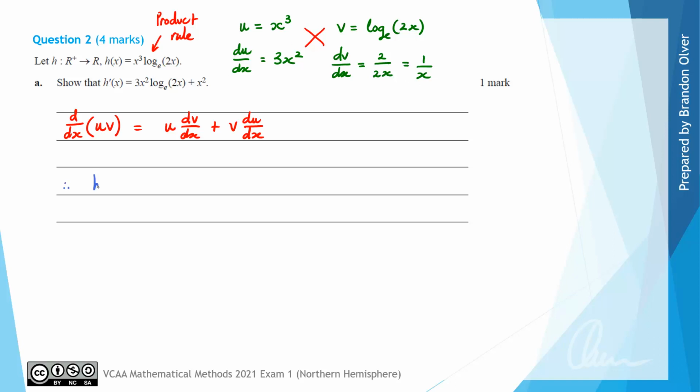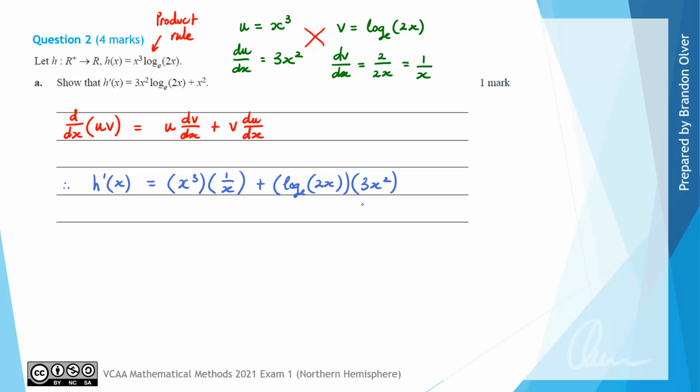Therefore, h dashed of x, the derivative we were asked to calculate, is going to equal u times dv dx. So that's going to be x cubed times 1 over x, plus v, which is log e of 2x, times du dx, which is 3x squared.